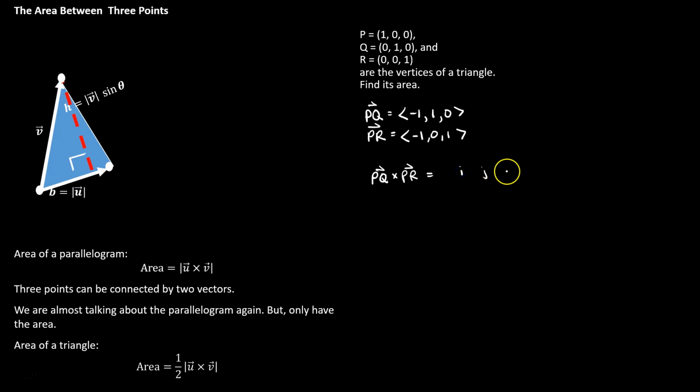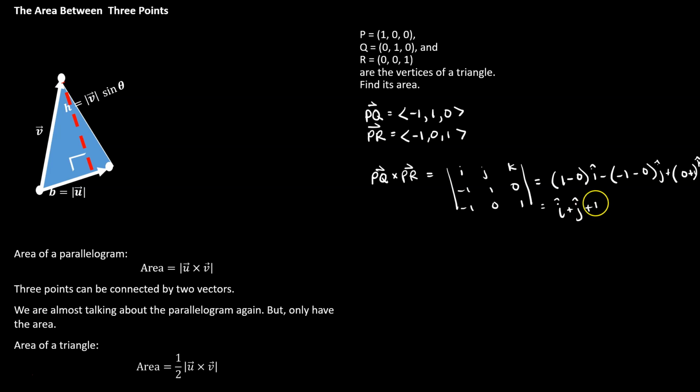Set up our 3 by 3 matrix. Multiply it out. And we get the vector 1i plus 1j plus 1k. So that's our cross product.